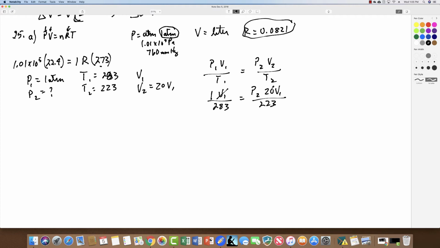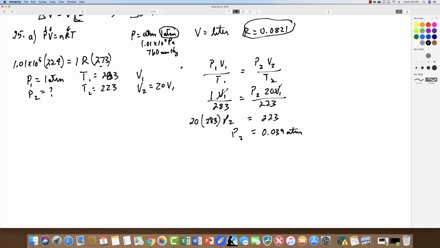Now the V's here cancel out, because they're on both sides of the equation. So if we cross multiply here, we have 1 times 223 is equal to 20 times 283 times P2. And P2, if you do the math here, ends up being 0.039 atmospheres.